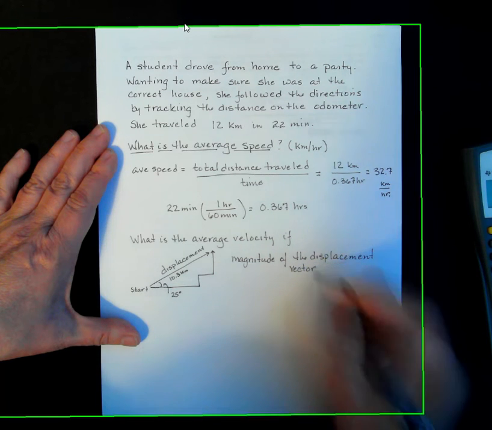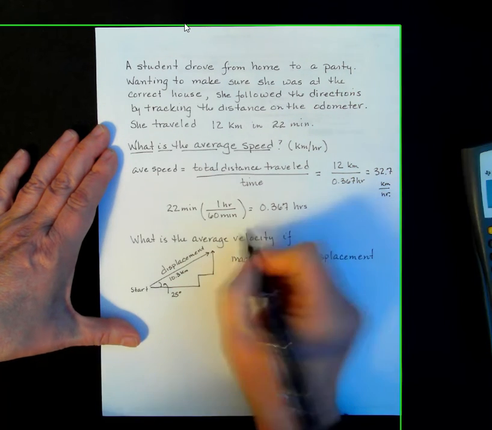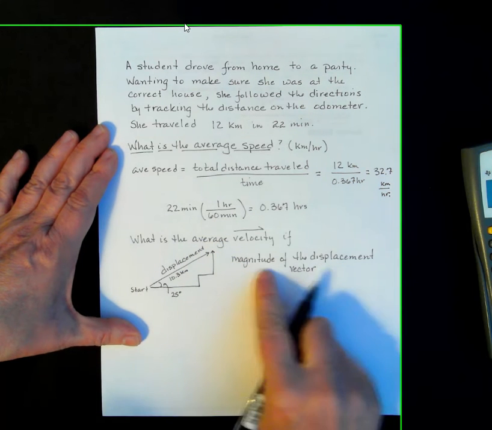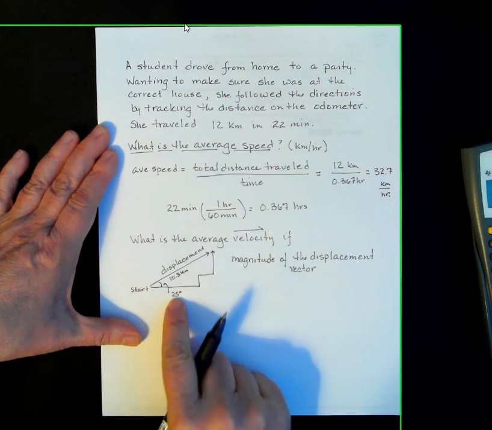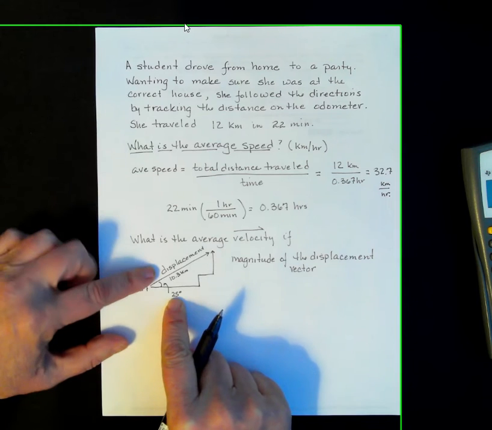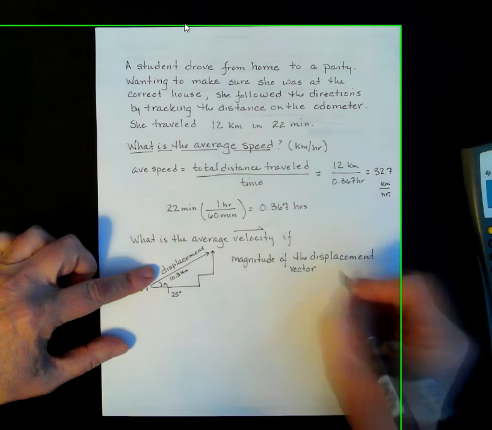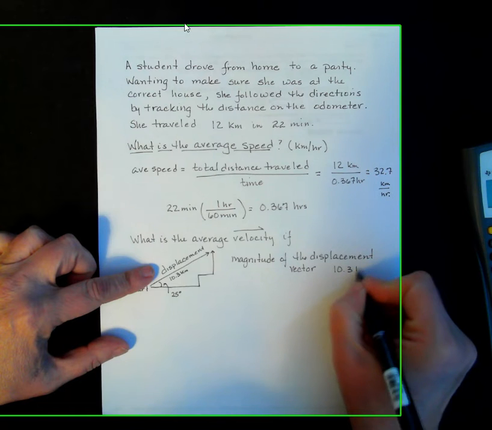Remember that velocity is a vector, and so it's going to have a magnitude and direction. We're given the direction is 25 degrees, and we're given the magnitude of 10.3 kilometers.